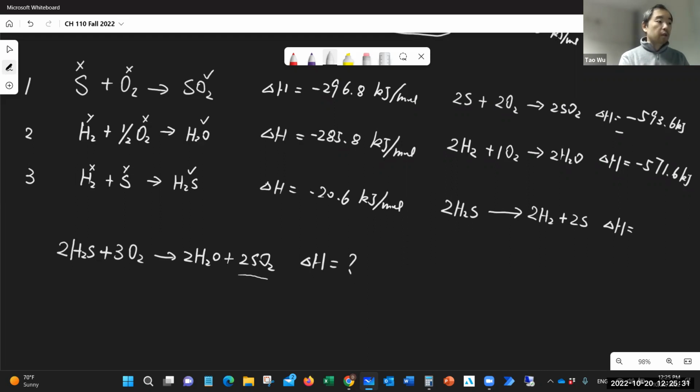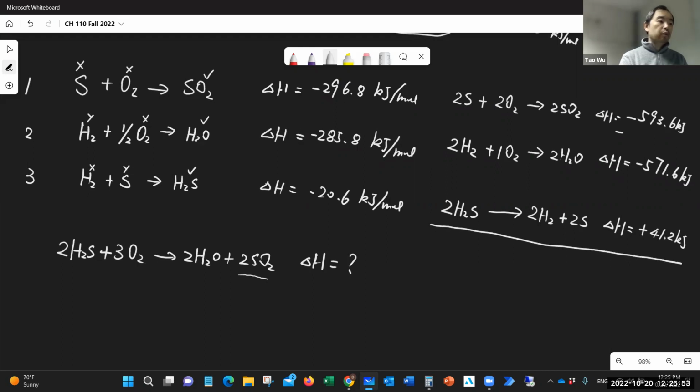So first, we need to times 2 on this. Then you got 41.2. And then we're going to reverse this equation, so you change the sign. So you should have a positive 41.2 kilojoule.